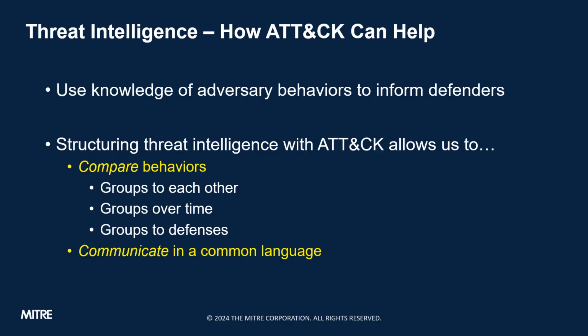So we can say one threat group does a specific thing, another threat group does another set of behaviors, and look at them next to each other. We can compare a single group over time. So we can say APT3 today is doing a particular behavior. What did they look like a year or two ago? How do they change over time? We can also compare groups to defenses. So what is it that an adversary we really care about does, and how well do our defenses stack up to that adversary?